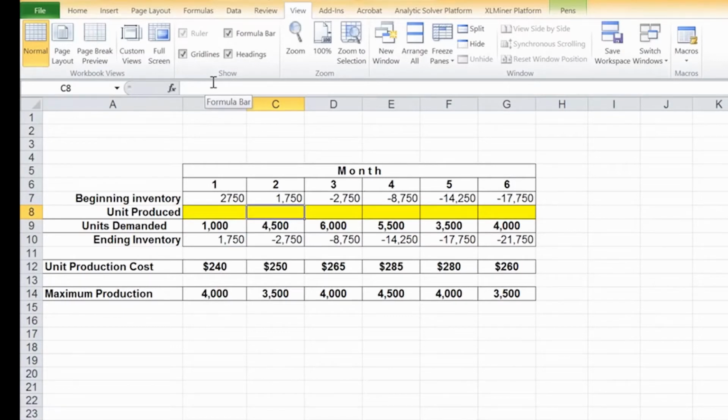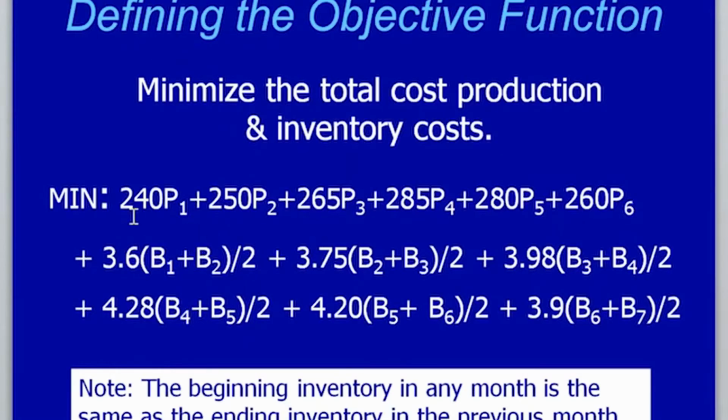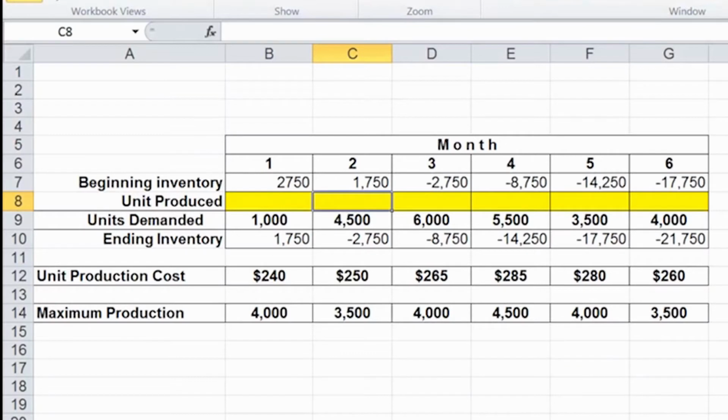Okay, now we know that our objective function needs us to calculate first the production cost and second the inventory cost. Okay, and I'll put a place to calculate the unit production cost.